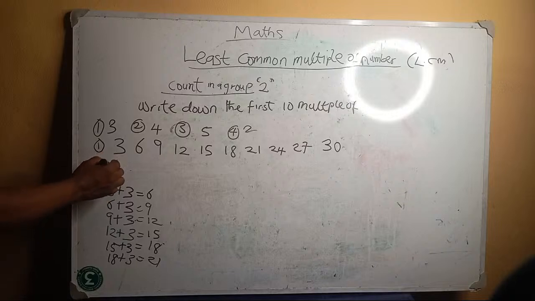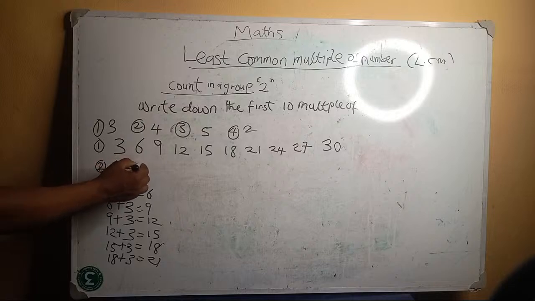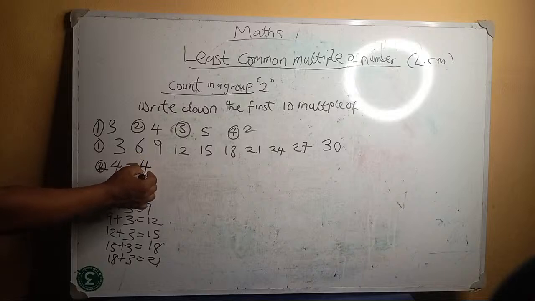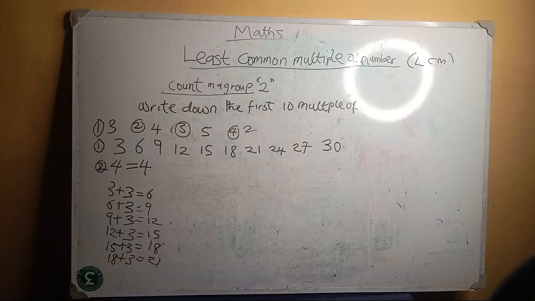So we talked about 4. So the multiples of 4 are what? First of all, you put down the number, because 4 can divide itself. Then we are going to do the same calculation we did for the multiples of 3.